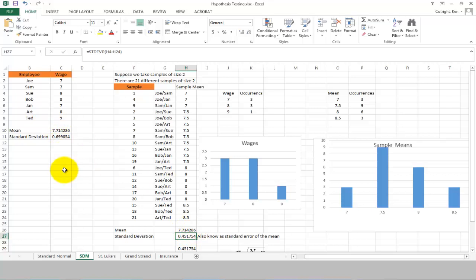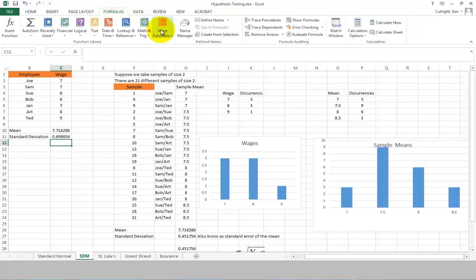Now, the other point that we made just a few minutes ago was that the standard deviation of the distribution of sample means should be smaller than the population standard deviation. And if we calculate the population standard deviation, and I did this, by the way, using the formula function up here, let me just show you that.